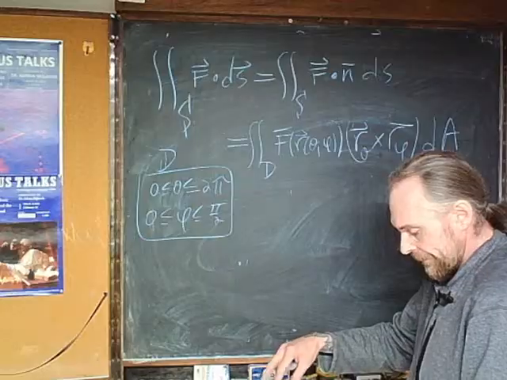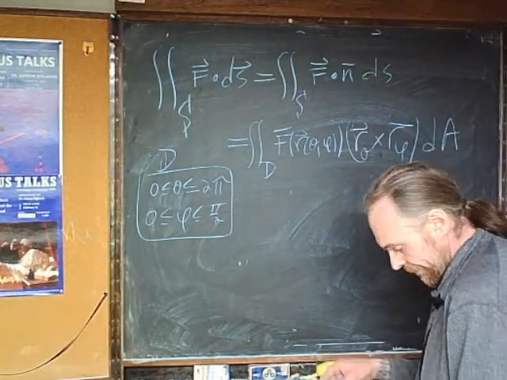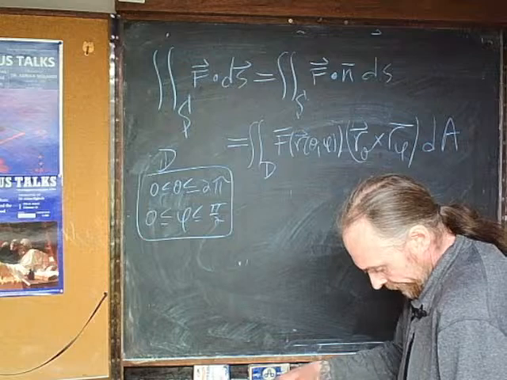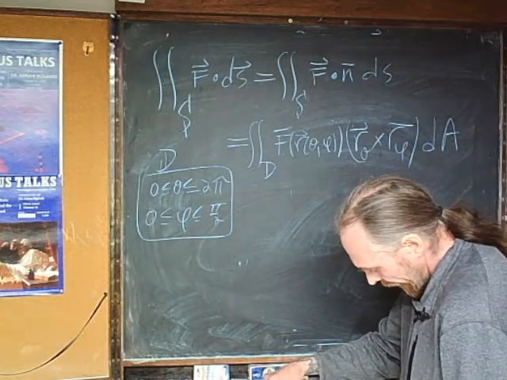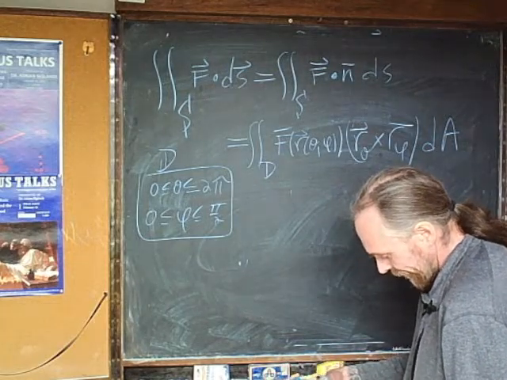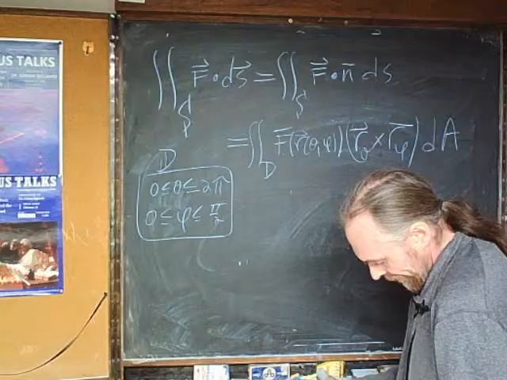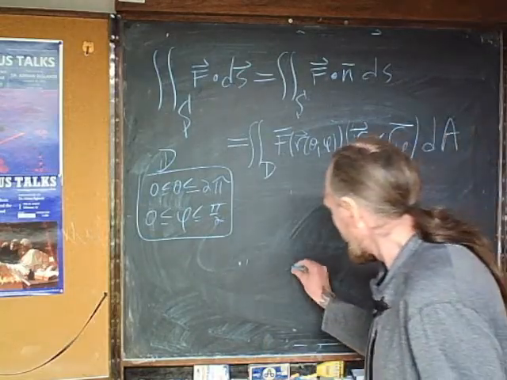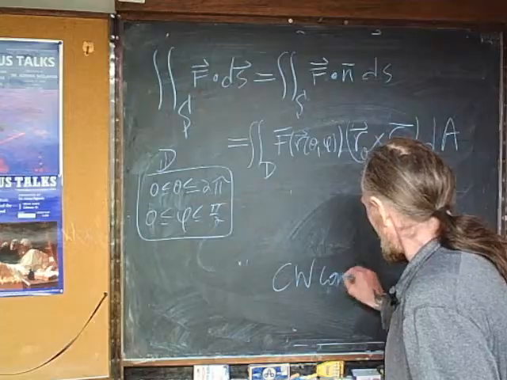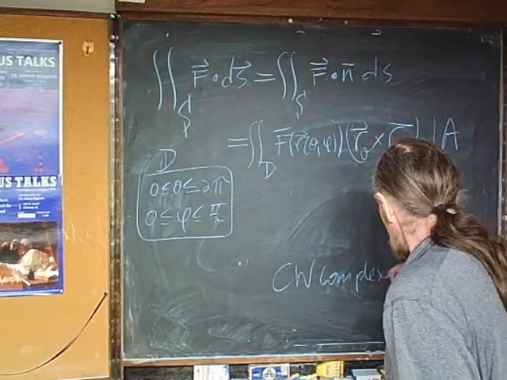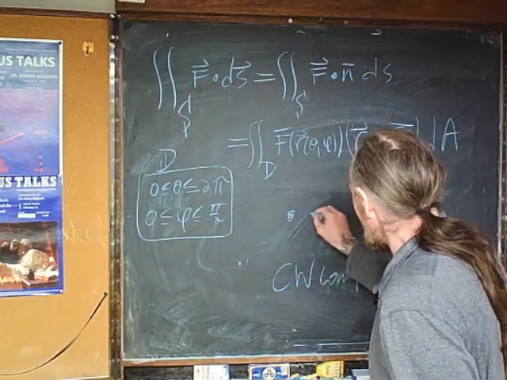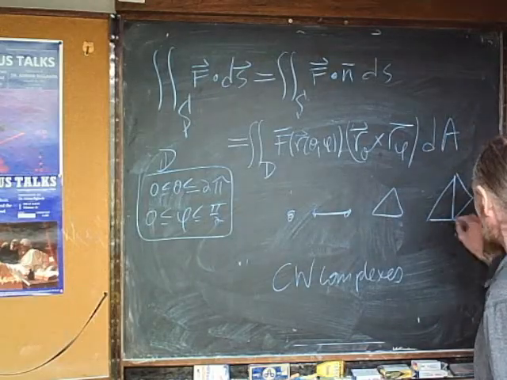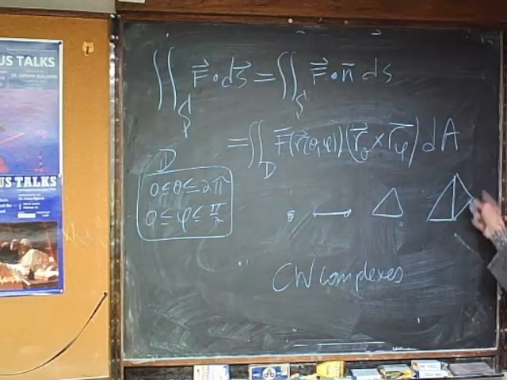It could be a prism of some sort or a pyramid. They're called CW complexes. You have this, and then you have a triangle, and then you have a pyramid, and then you can go higher than this.